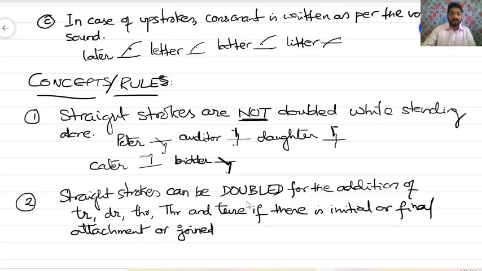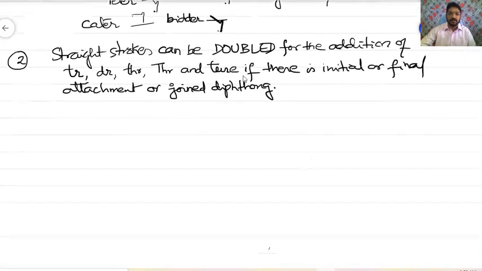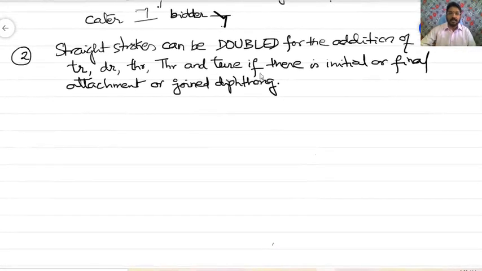Not only attachment, joined diphthong is also considered as attachment. Joined diphthong. Got it? Straight strokes are not doubled if they don't have attachment.